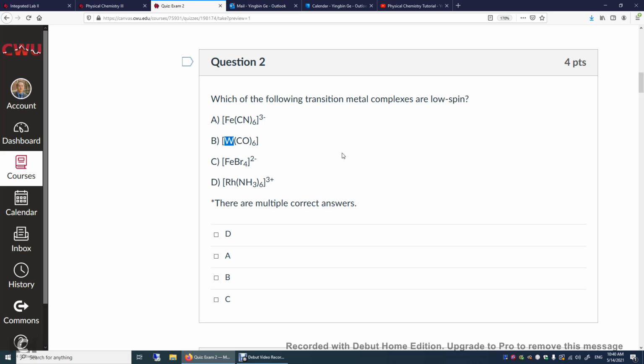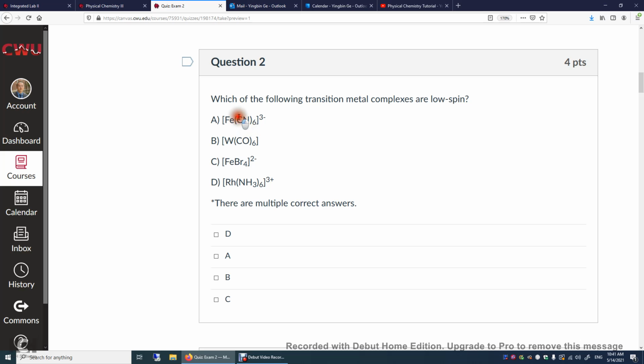And thus, in the 4D and 5D transition metal complexes, the electron pairing energy is smaller. So both reasons result in the LFSE being much greater than the electron pairing energy in the 4D and 5D transition metal complexes. So for that reason, B and D are correct answers.